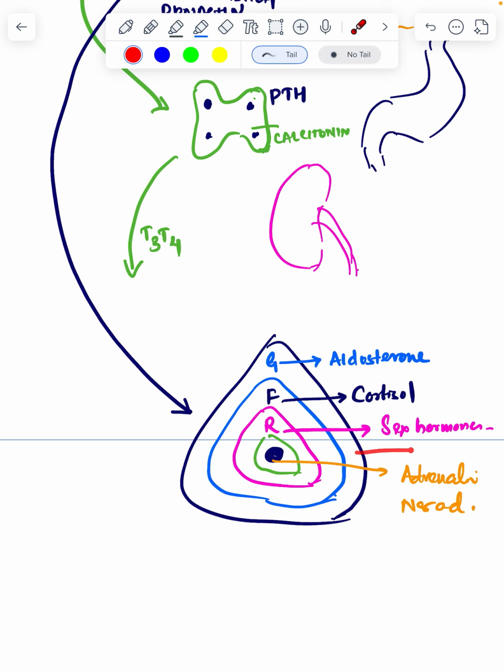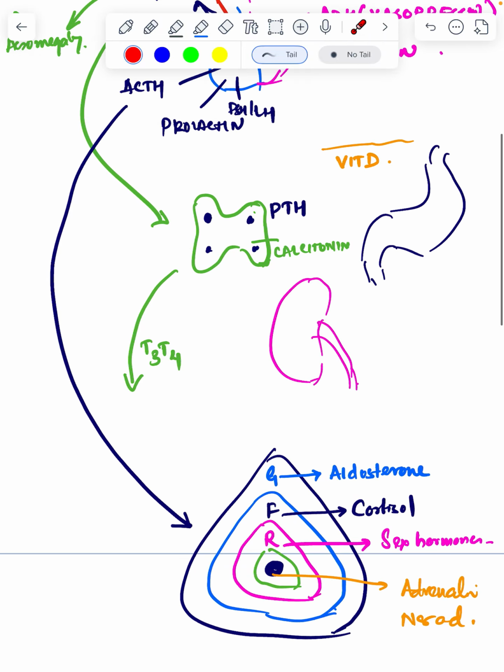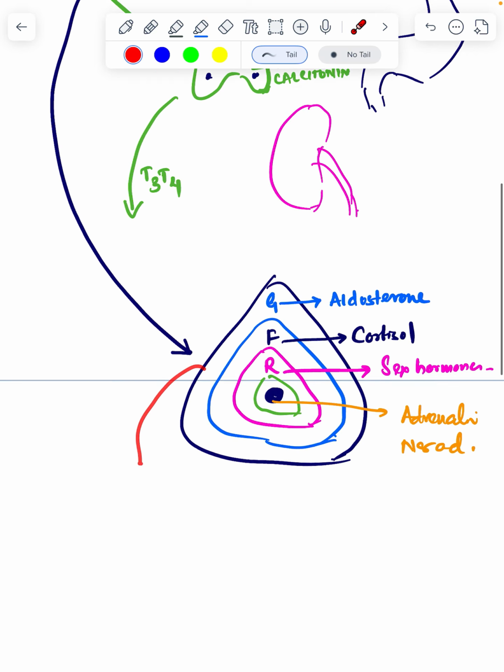Reticularis is sex hormone. So remember it by salt, sugar, and sex hormones. SSS, sugar is second. So glomerulosa outermost is aldosterone. This is controlled by ACTH, adrenocorticotropic hormone. It acts on the cortex to stimulate and release.